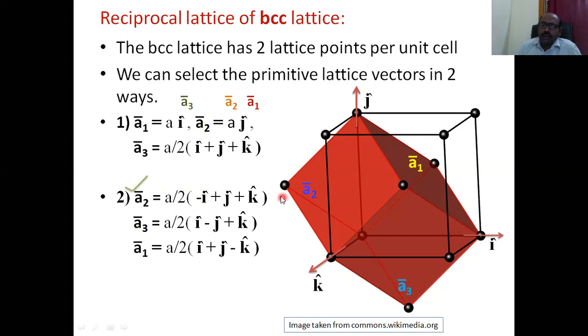It is positive y, half of the distance, and along the z-axis also half of the distance, so the z component is also a by 2.